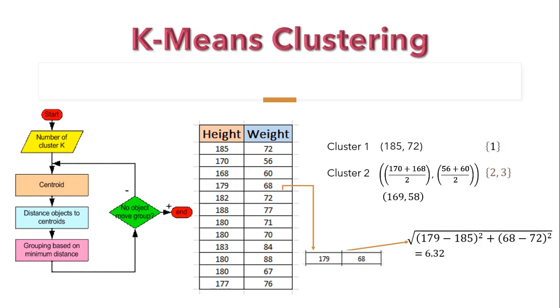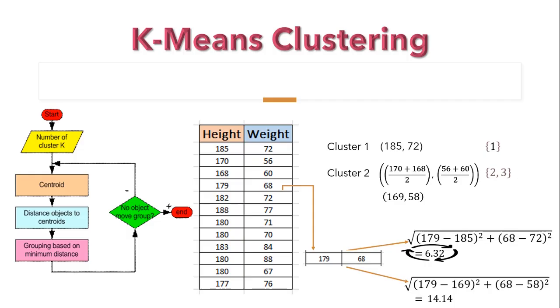And for cluster 2, the square root of (179 minus 169) whole square plus (68 minus 58) whole square. If you notice here, I am using the updated centroid value for cluster 2, and after calculating this we get 14.14. So the Euclidean distance for row 4 is less in the case of cluster 1, so this row will be assigned to cluster 1.